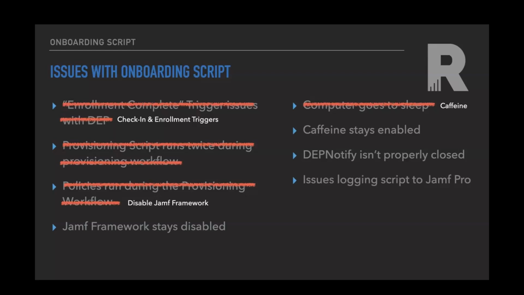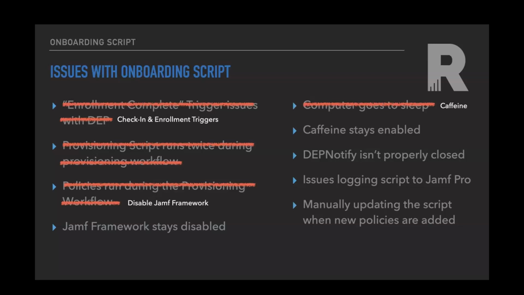There's also issues logging this script, because when you have one script doing a bunch of daisy chain policies, I've just seen it happen sometimes where the script doesn't get logged up to Jamf Pro. It has problems doing that. And on top of this, when we make changes, like add a policy to the workflow, we have to manually update the script when adding new policies.